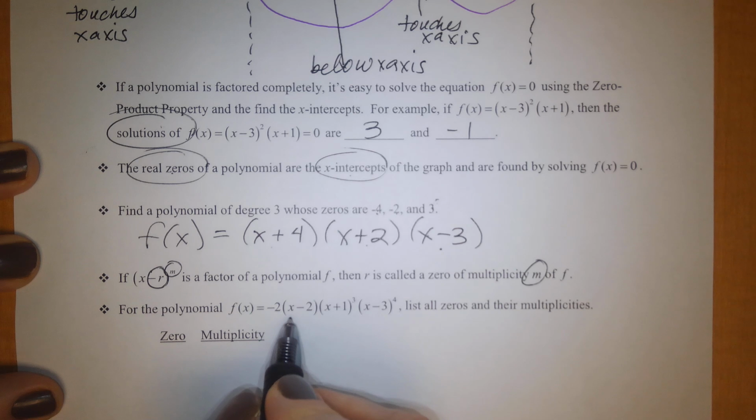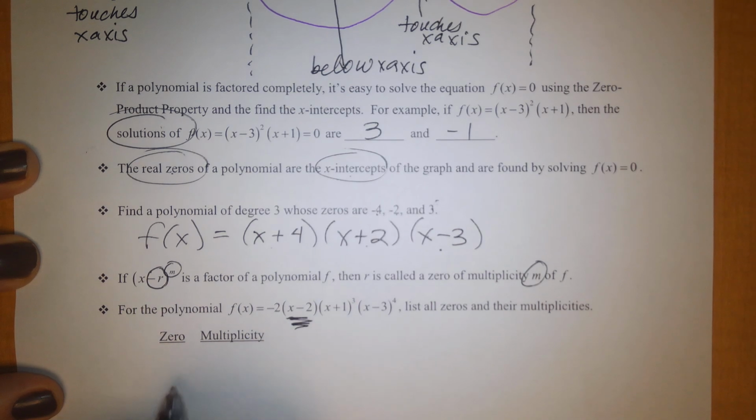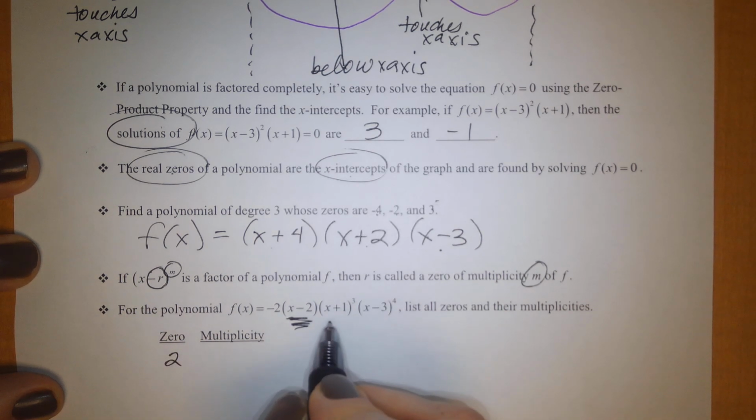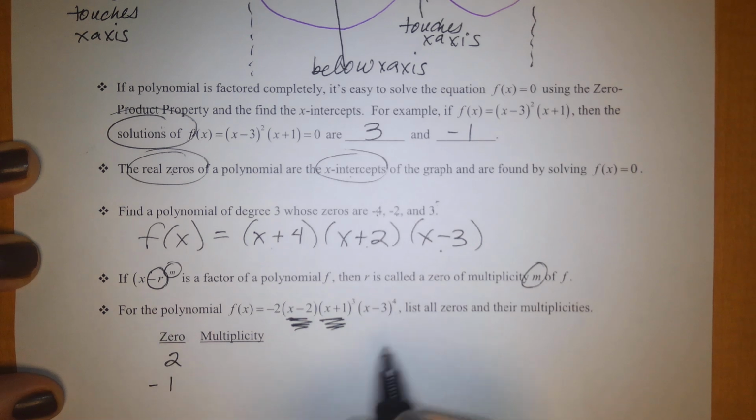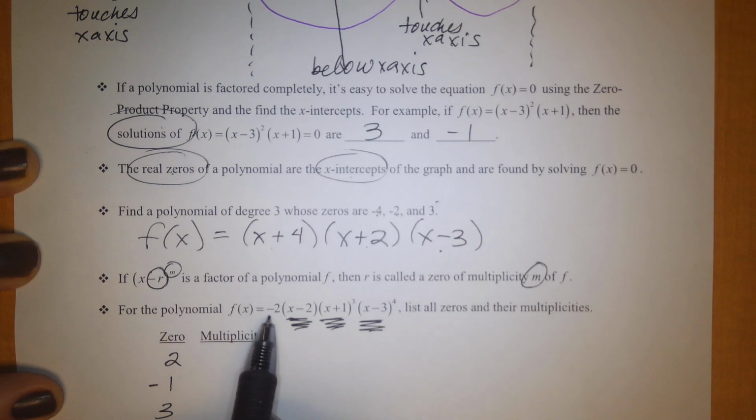First of all the zeros, this claims x could be 2, negative 1, or 3. There is no x out in front, so this negative 2 is simply a stretch and a reflection. It does not count towards its zeros.